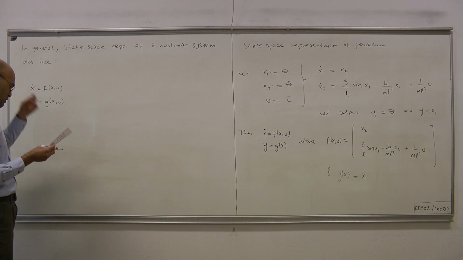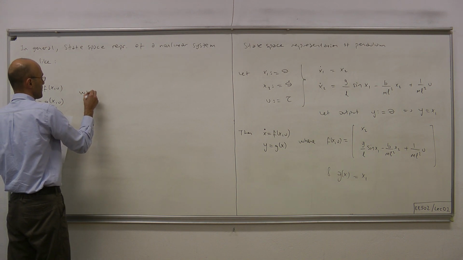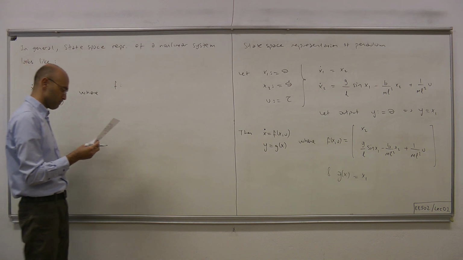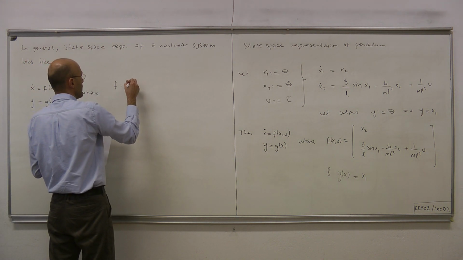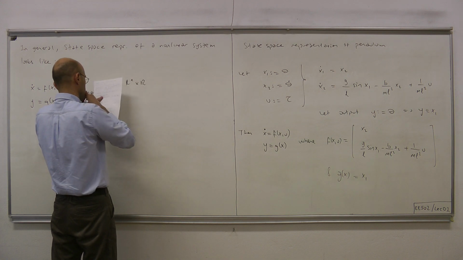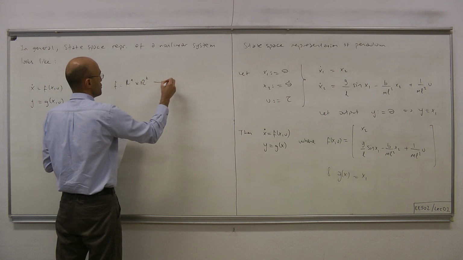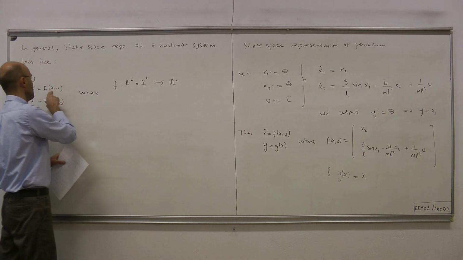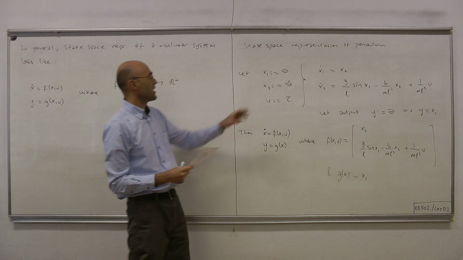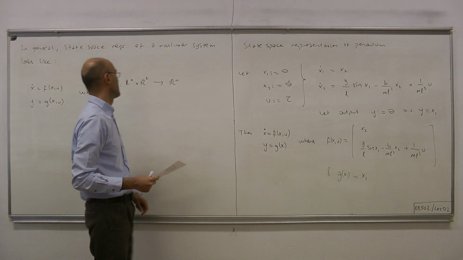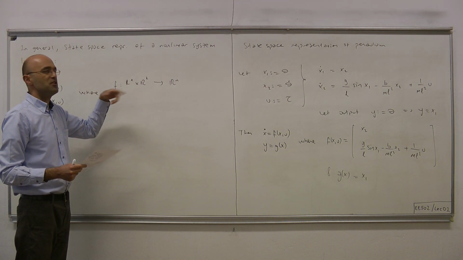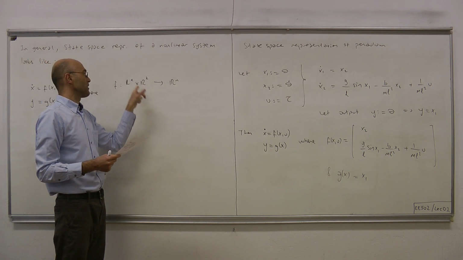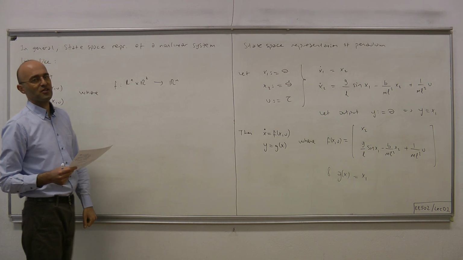So this is the state space representation where f is a vector valued mapping from Rn times Rk to Rn. So this is the space that our state belongs to. X in our example was in R2, but in general it would be Rn, and this n is the order of the system. k is the number of individual inputs that we have, therefore the input vector lies in the space Rk.